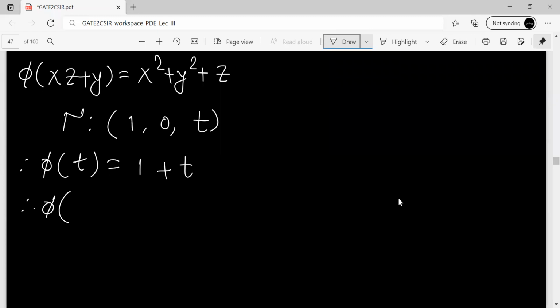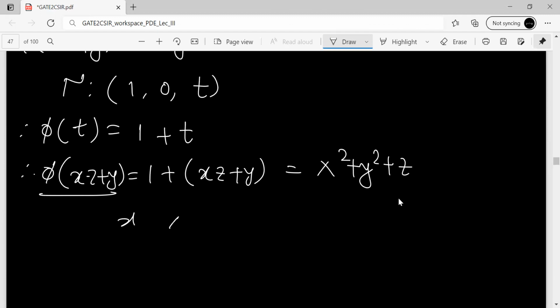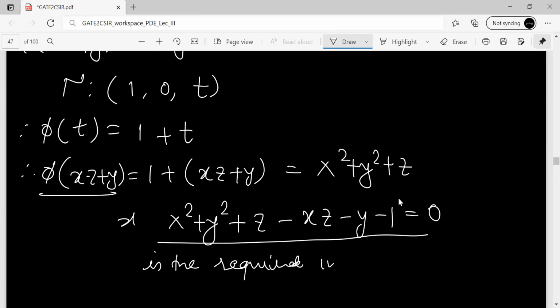Simply take this phi of xz plus y, it will be 1 plus xz plus y. Now just equate this with x square plus y square plus z. So you get x square plus y square plus z minus xz minus y minus 1 equal to 0. This is the required integral surface.